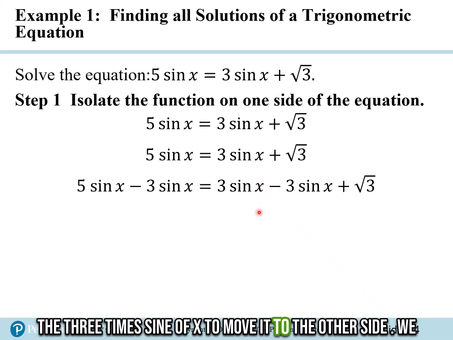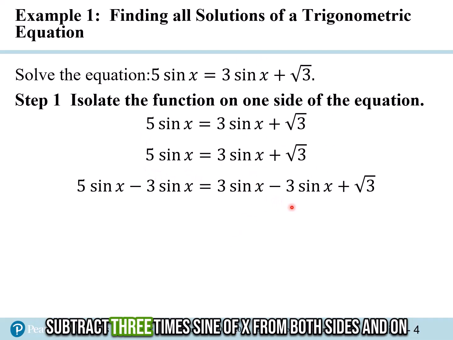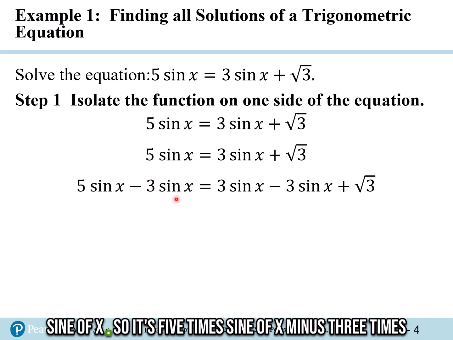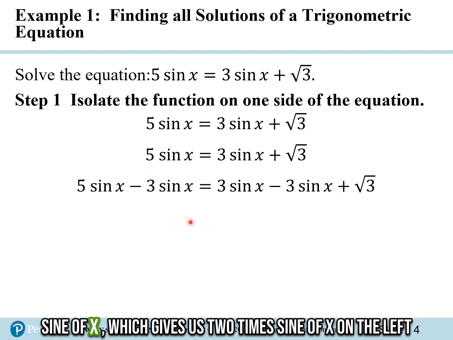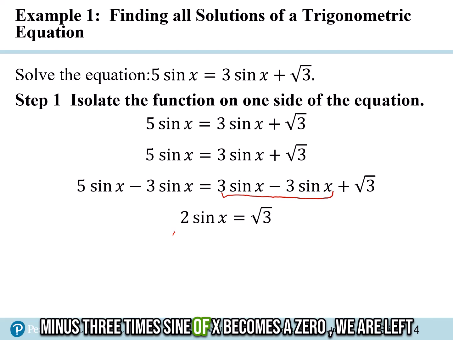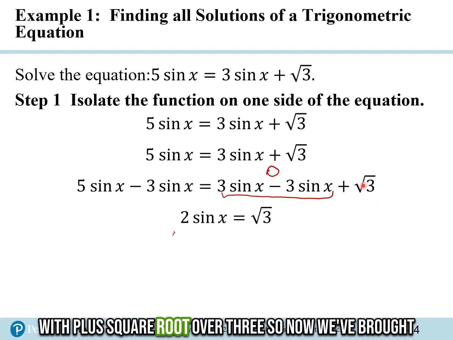To move it to the other side, we subtract 3 times sine of x from both sides, and on the left hand side we end up with minus 3 times sine of x. So it's 5 times sine of x minus 3 times sine of x, which gives us 2 times sine of x on the left hand side. On the right hand side, 3 times sine of x minus 3 times sine of x becomes a 0. We are left with plus square root of 3.